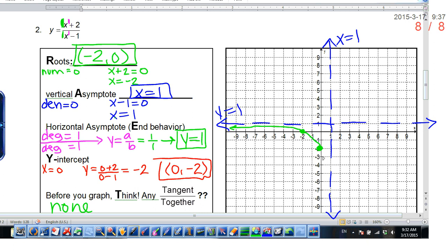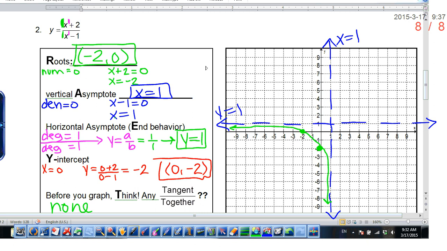Right? Where's the only way it really makes sense to go from here? Down. I can't go up. Do you see if I went up how I would cross the x-axis? And that would create an x-intercept, and you are never, ever, ever allowed to create an x-intercept.